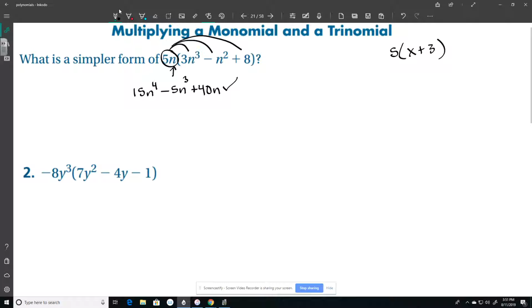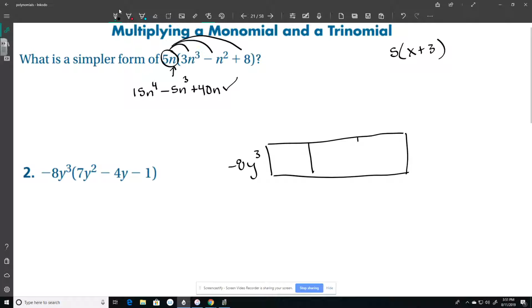I've seen students use a box to distribute like this. So I have negative 8y cubed out in front. So they'll put negative 8y cubed right here. And then they draw a box like this. And some of you may remember doing this. And I've got 1, 2, 3 terms on the inside.